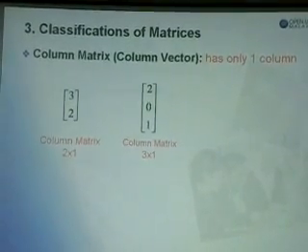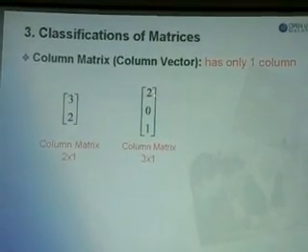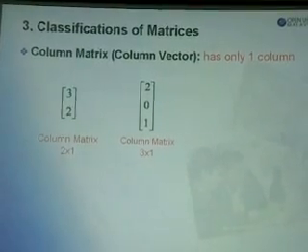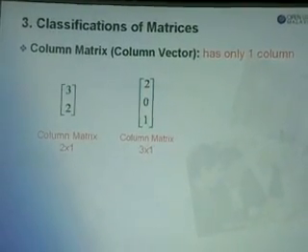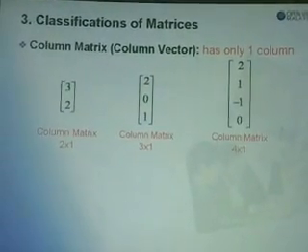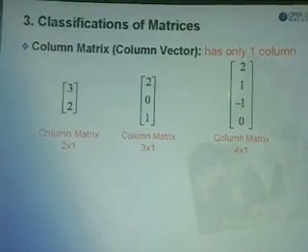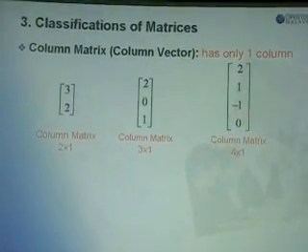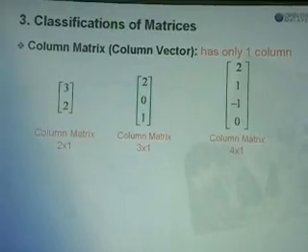In the other example, a 3 by 1 matrix, there is one column but 3 rows. So we call this a 3 by 1 column matrix. Next, we have 4 rows but 1 column. So this is known as a column matrix 4 by 1.